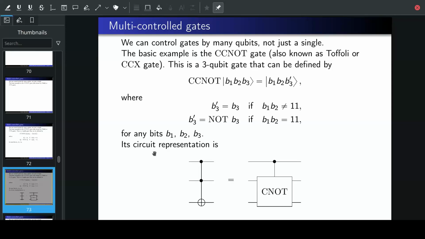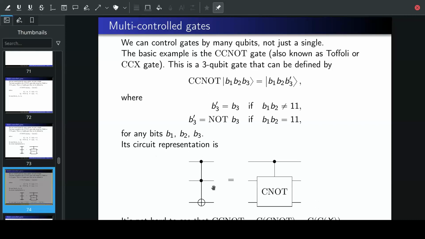And since this is a 3-qubit gate, the corresponding matrix will be of size 8 by 8. On a circuit, it is represented by this picture. Here we indicate the two control qubits, and this is the target qubit.